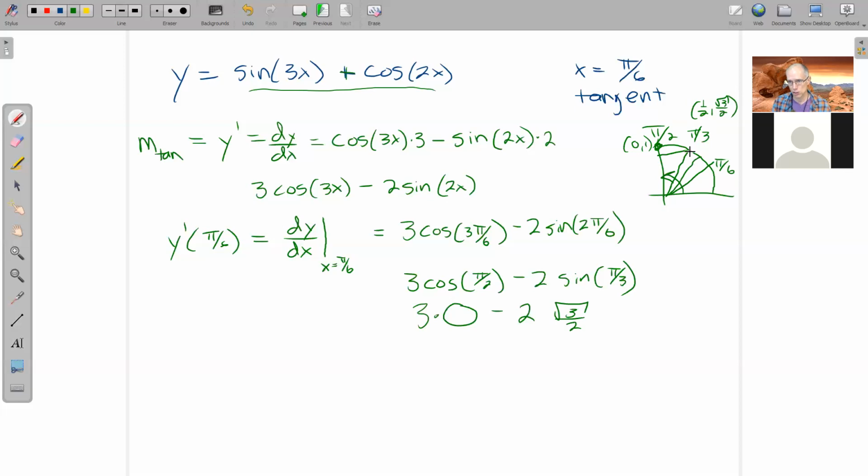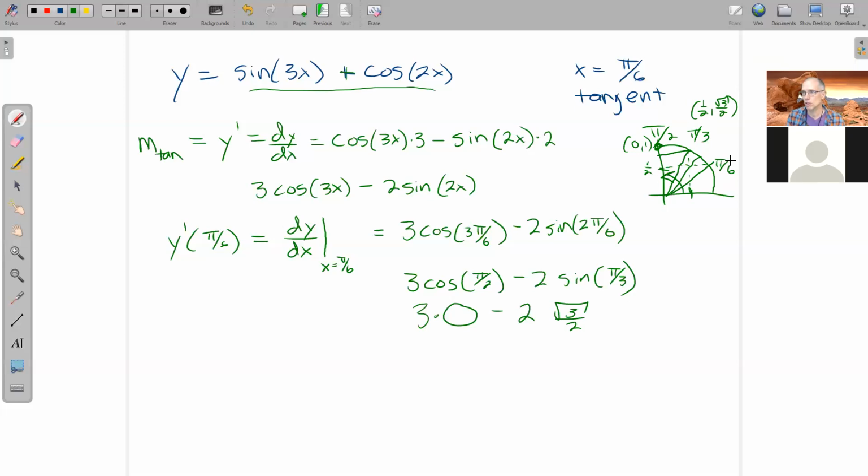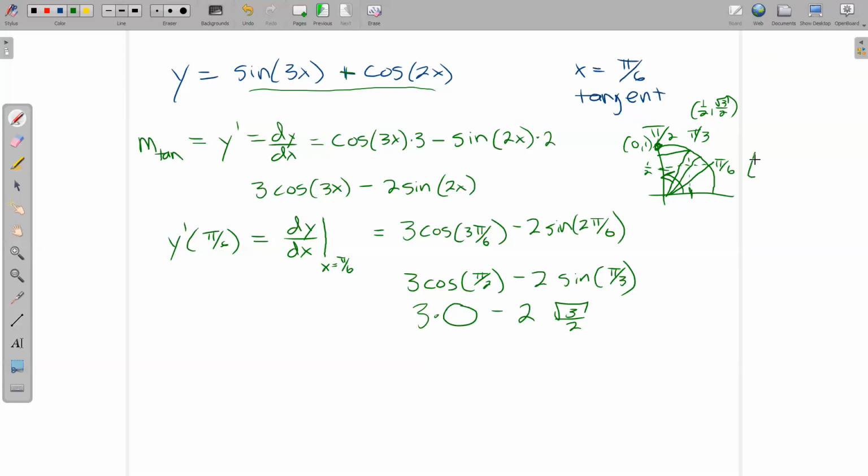And when I look at the picture, I can see if I trace that down, that looks like about 1/2 right there. And pi over 6 switches it. If we trace over this way, that looks like about 1/2 right there. So this would be the point at pi over 6, and this point right here would be square root of 3 over 2, 1/2.